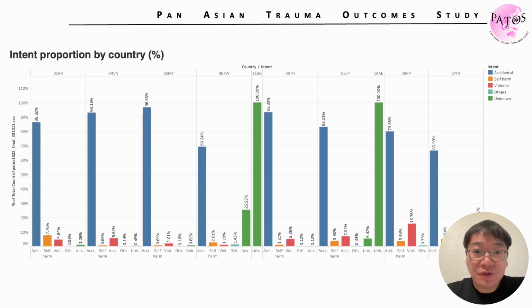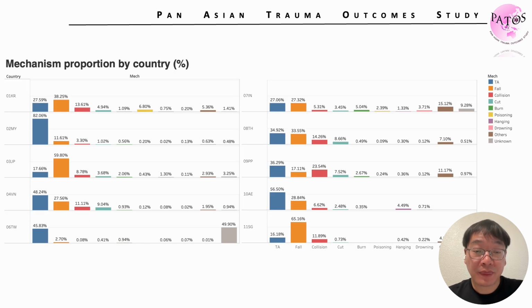This graph shows the intent proportion by country. The proportion of intentional injury, which means self-harm, suicide, violence, or murder, is different between countries, and some countries enter no information about injury intent. This graph shows the injury mechanism proportion by country.